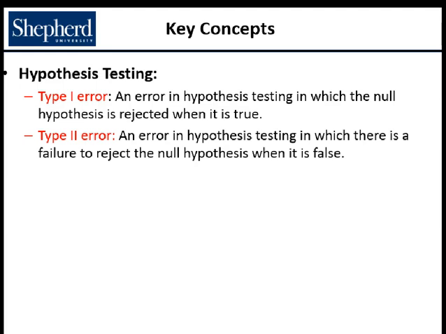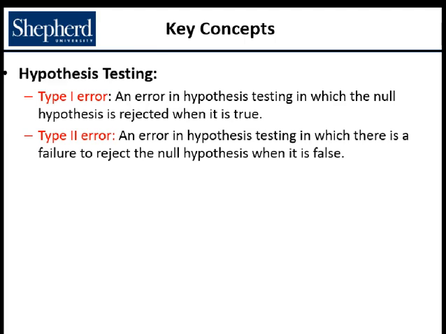A type 2 error is accepting the null hypothesis when it's false. It's difficult to control for the probability of making a type 2 error. Statisticians avoid the risk of making a type 2 error by using the phrase do not reject the null hypothesis, rather than accepting the null hypothesis.